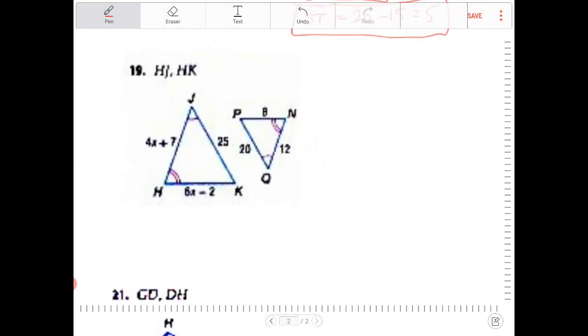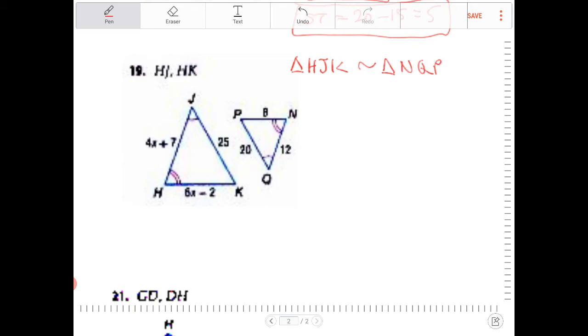Okay, moving on. I need to find out what HK is. These two triangles are similar, so therefore I can say that triangle HJK will be similar to triangle NQP.